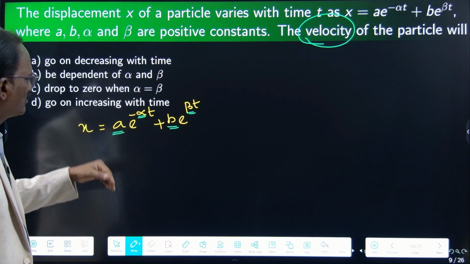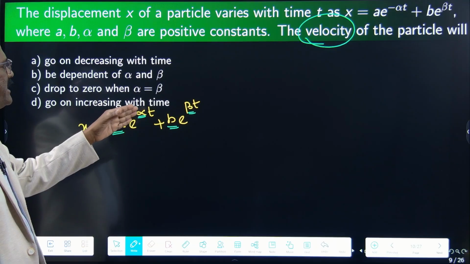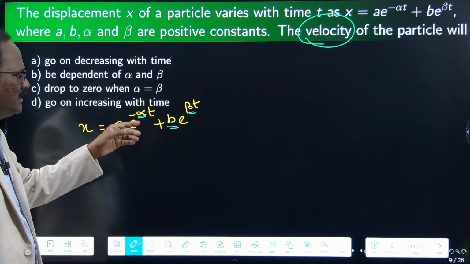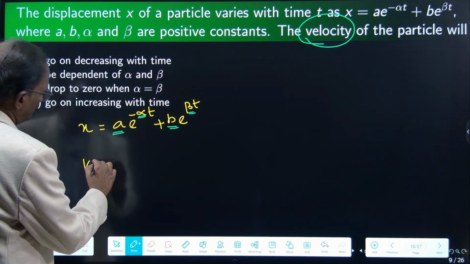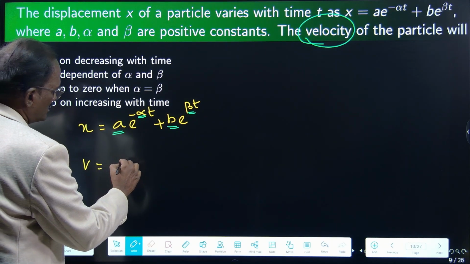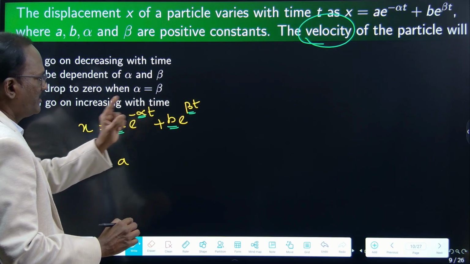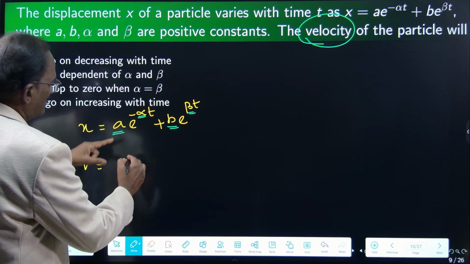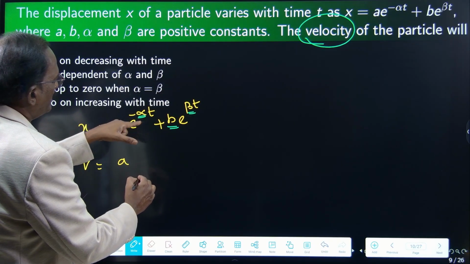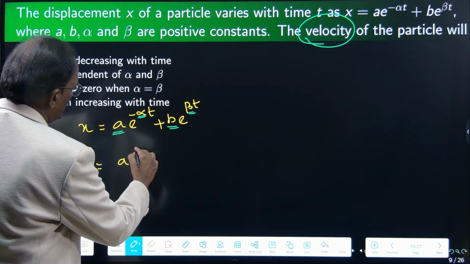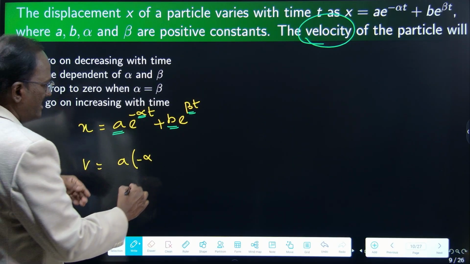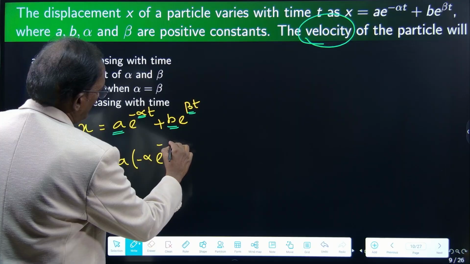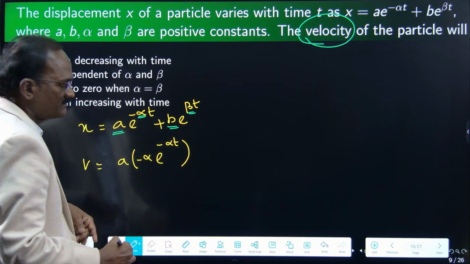X is equal to a e power minus alpha t plus b e power beta t. Find velocity. V is equal to, A, B, alpha, beta are constant. A is constant, so this is minus alpha, e power minus alpha t. If we differentiate, minus alpha will come here, e power minus alpha t.